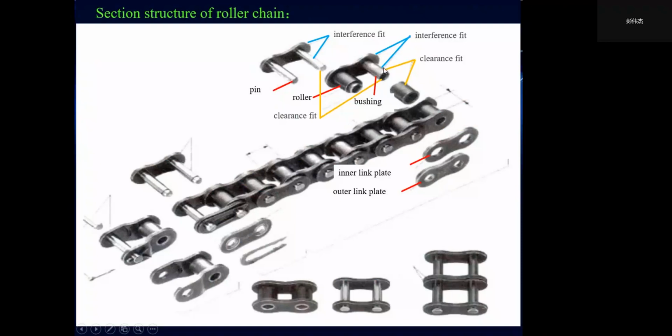The bushing and inner link plate are press-fitted too, so there is interference fit between bushing and inner link plate.